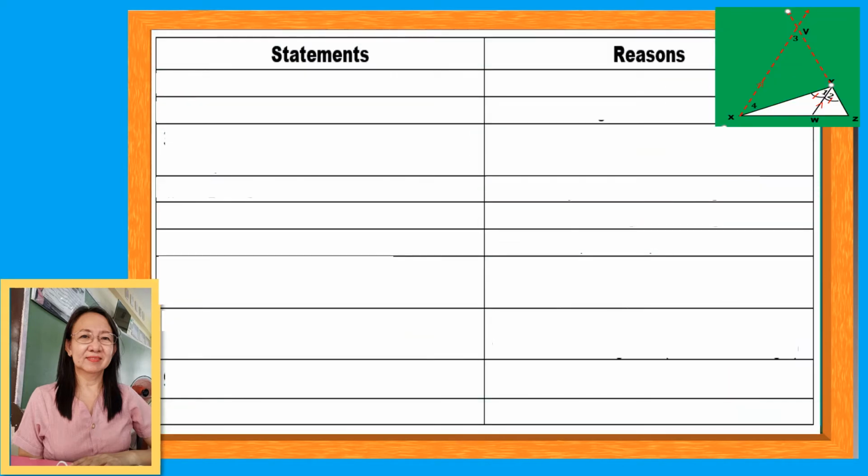So let us use this figure and let us have our statements and reasons. For statement number 1, our triangle XYZ is our given, that is YW bisects angle XYZ. Then, we can say that angle 1 is congruent to angle 2. This is by definition of angle bisector as stated in statement 1.